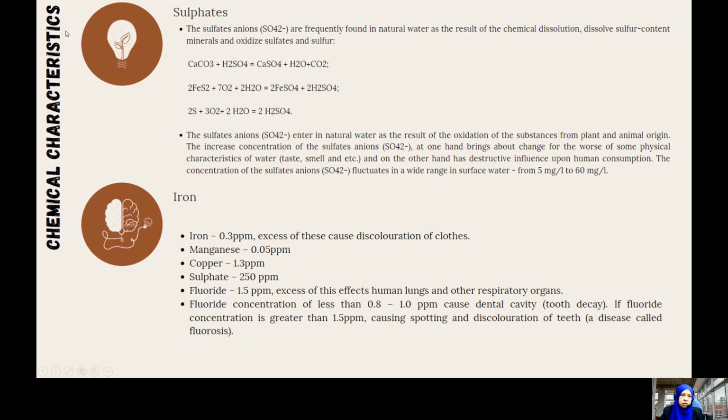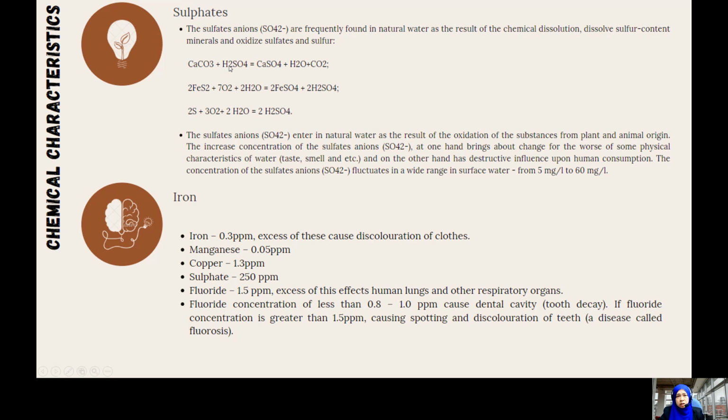Chemical characteristic for sulfate. Sulfate ion in water is frequently found in natural water as the result of chemical dissolution of sulfur-containing minerals and oxidized sulfate and sulfur.